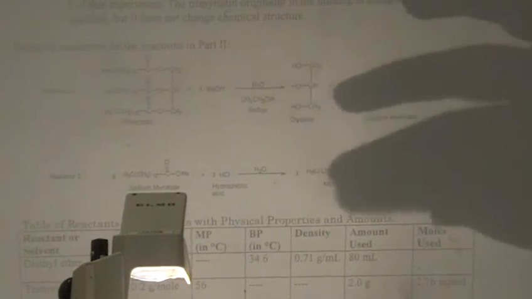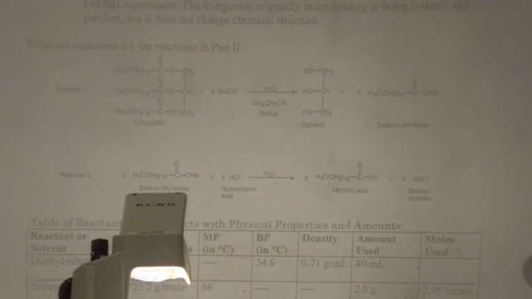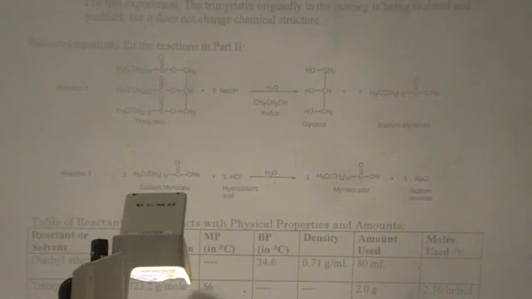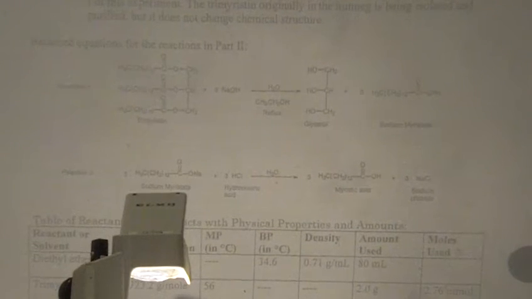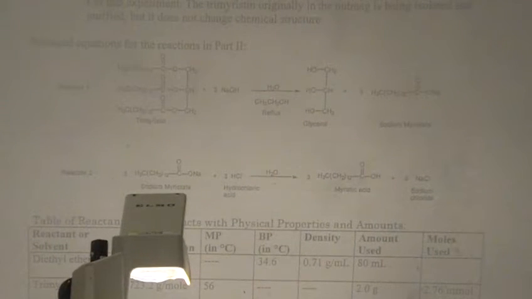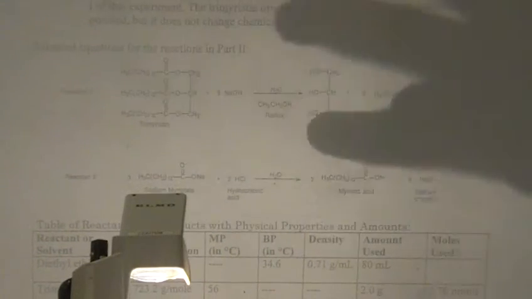So in the end next week, what you will isolate is that myristic acid. So you do need to show both of these reactions, because these are both reactions that will not be shown in the flow diagram, all right? So it's a little bit different than experiment 1, where our reactions also showed up in our flow diagram. What we're going to do for this flow diagram, and we'll talk a little bit more about it next week, is show what happens after that reaction, okay?